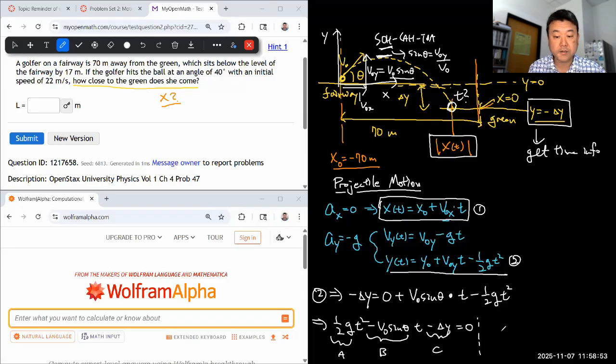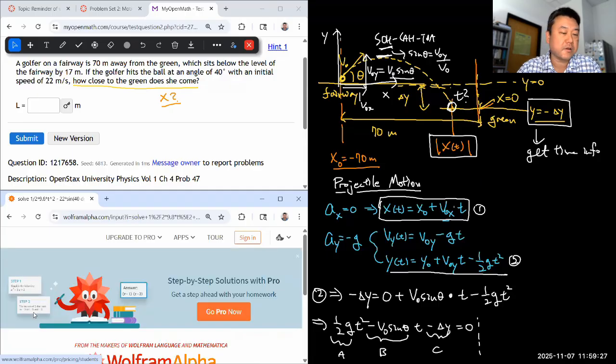And the quadratic formula tells me, or let me do it this way. Let me use Wolfram Alpha. Solve 1/2 times g, 9.8, times t squared minus v naught, 22 meters per second, times sine of 40 degrees, times t, minus delta y, 17 meters, all in basic SI units, is equal to 0 for t.